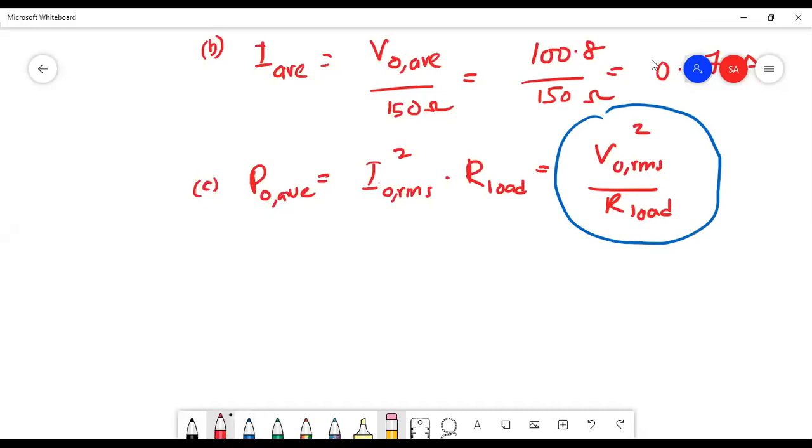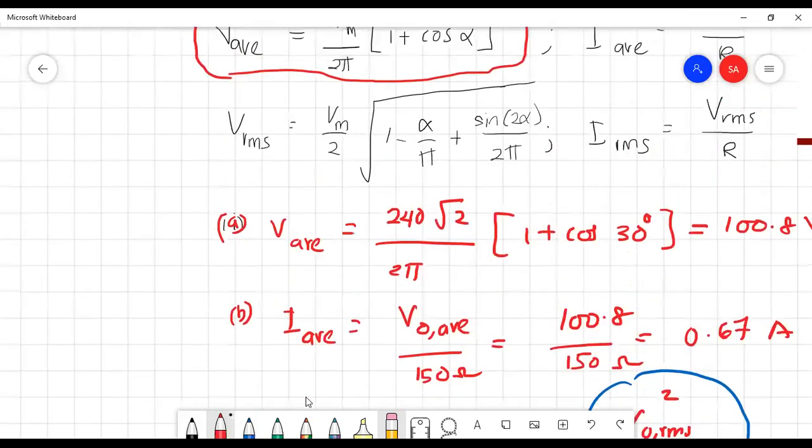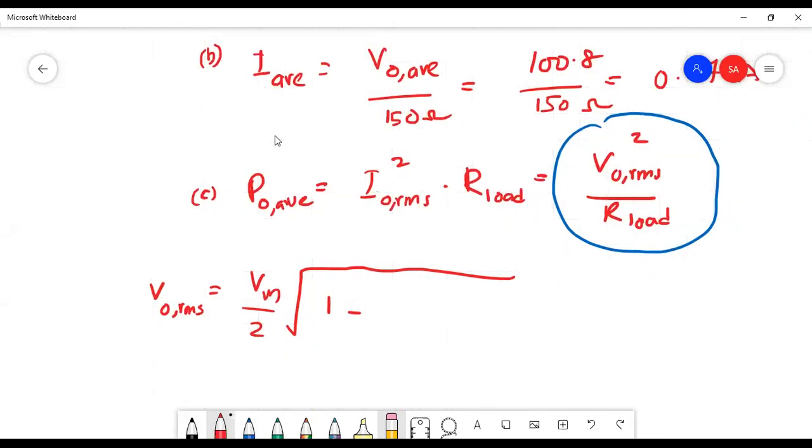So we go for V out RMS, which is Vm over 2 square root of 1 minus alpha over pi plus sine 2 alpha over 2 pi.